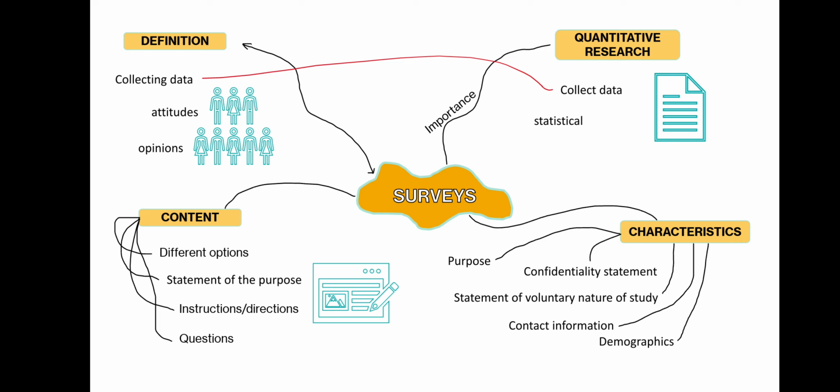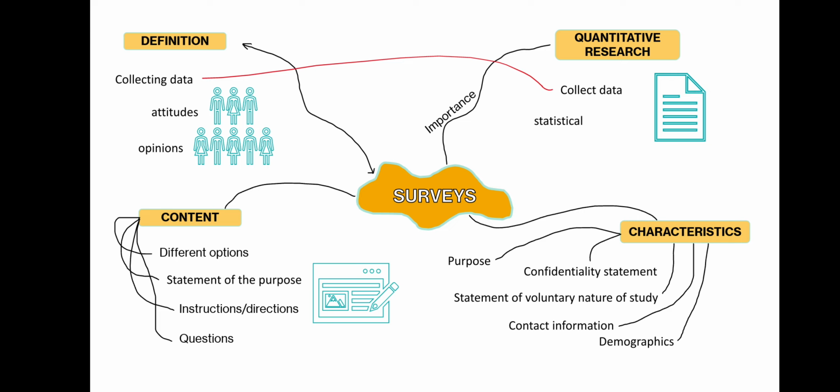What is the content of a survey? It has different questions and different answers that respondents or participants can select, and it is a structure, so we can have statistical information.